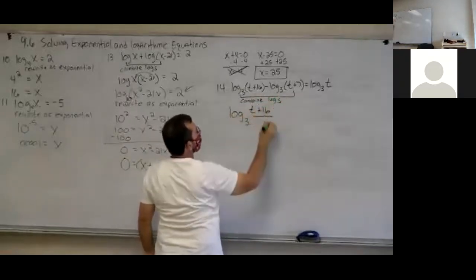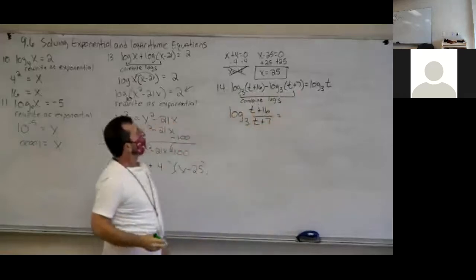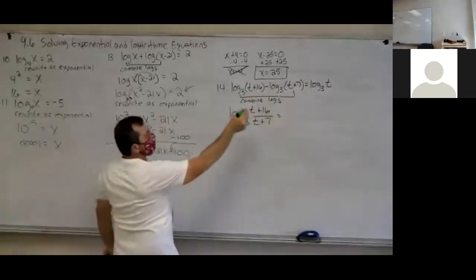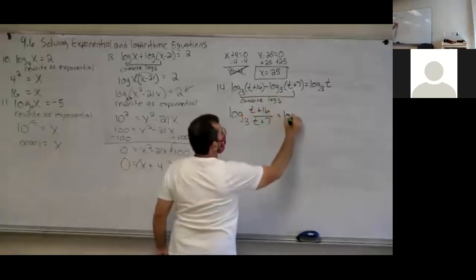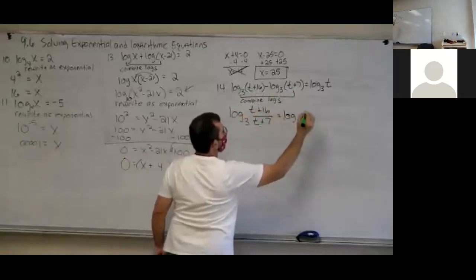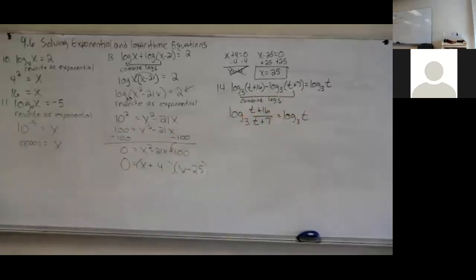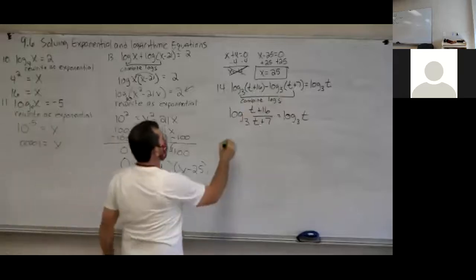The part being subtracted goes to the bottom, which is t plus 7. And then my right side's still what? Log base 3 of t. But I got a log base 3 on both sides. So the log bases match.